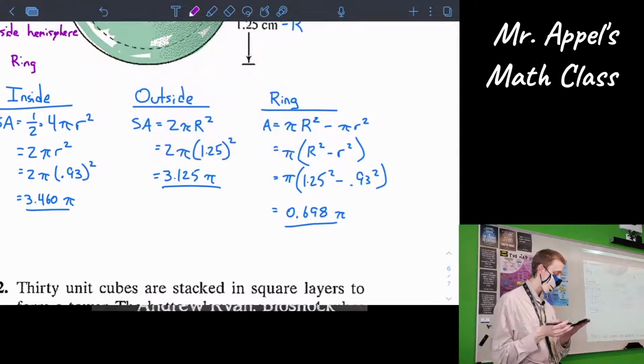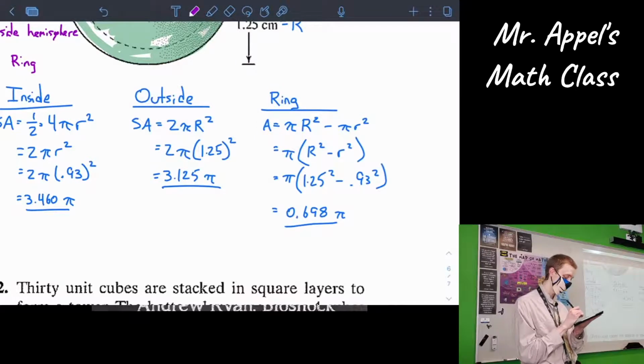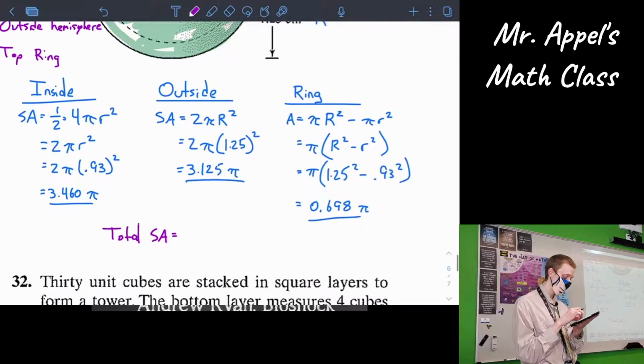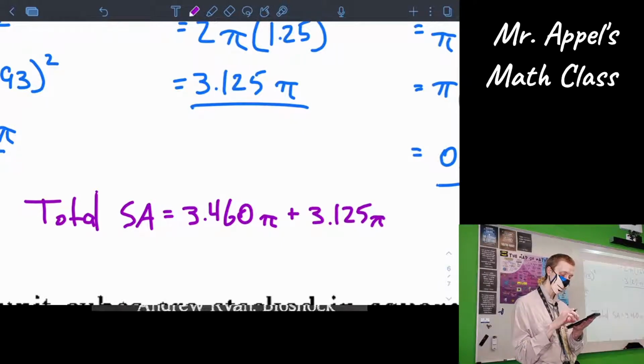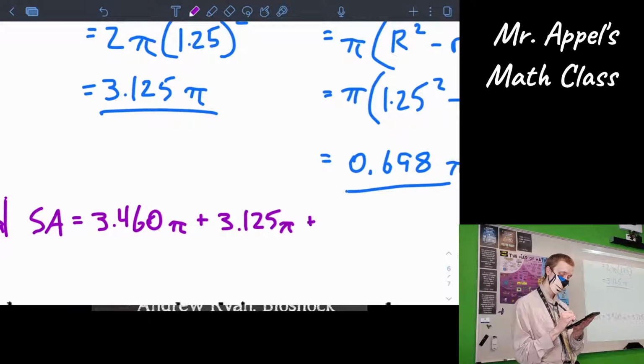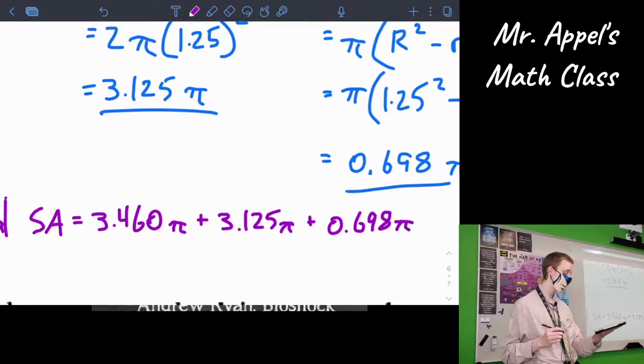And now add them all together. Total surface area is going to be 3.460 pi plus 3.125 pi plus 0.698 pi.